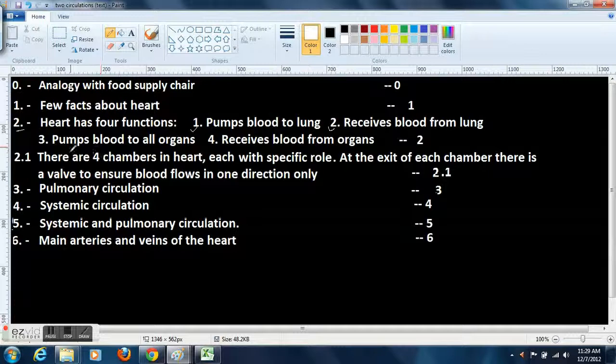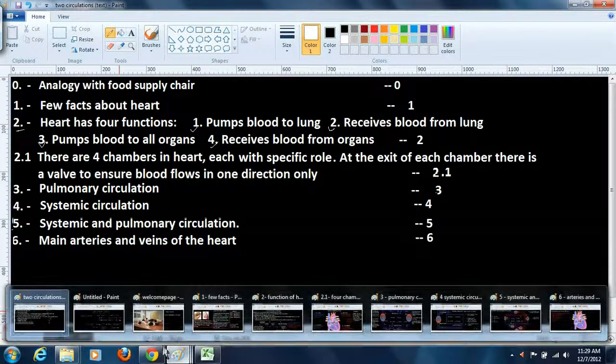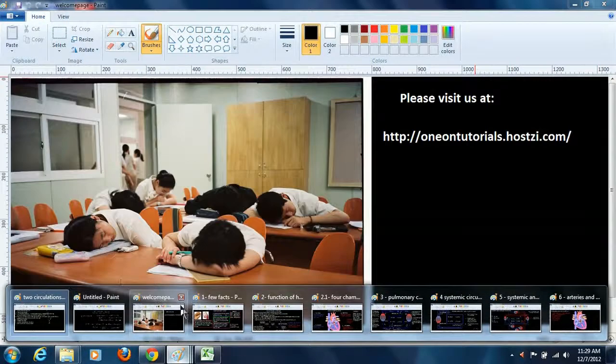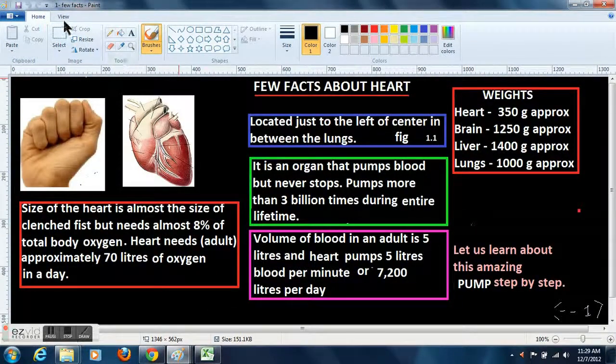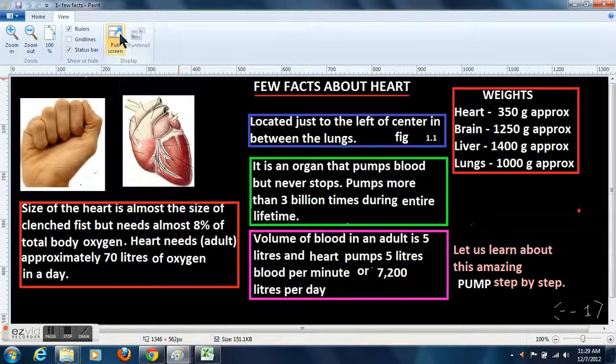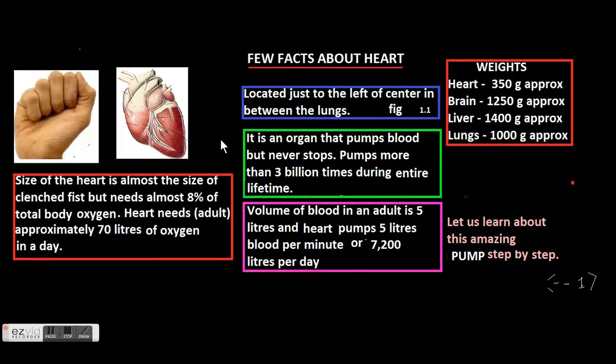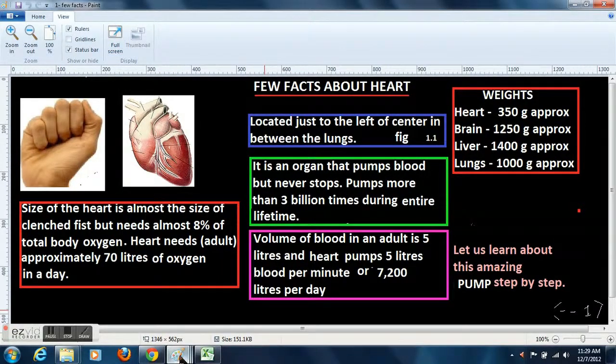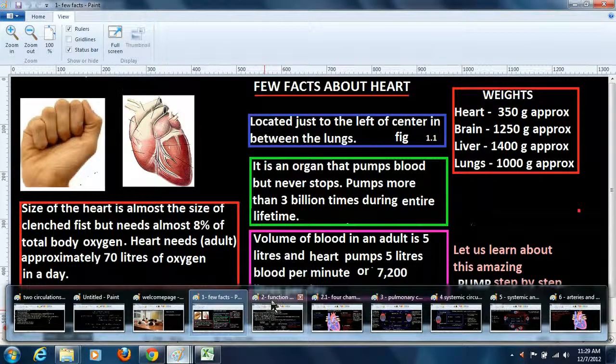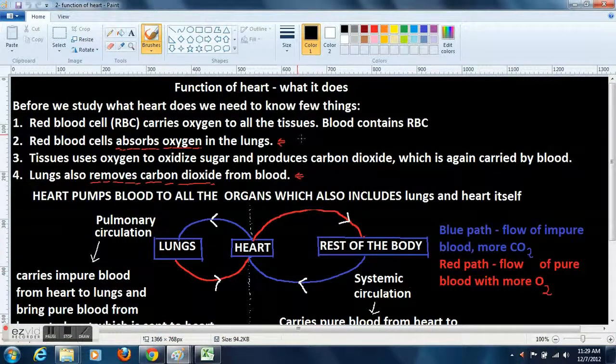Then third, it pumps blood to all the organs. That means this blood will be rich in oxygen. And number four, it receives blood from the organs and that blood will be depleted of oxygen or with more carbon dioxide. Okay, so these are the four functions of heart, which I think we already discussed in brief.